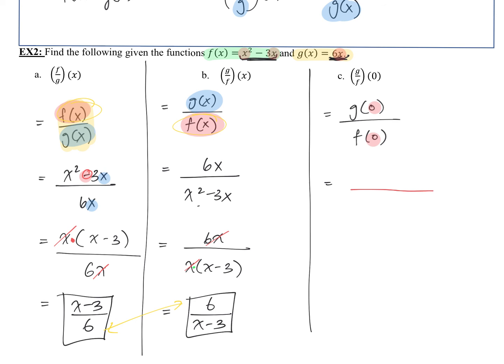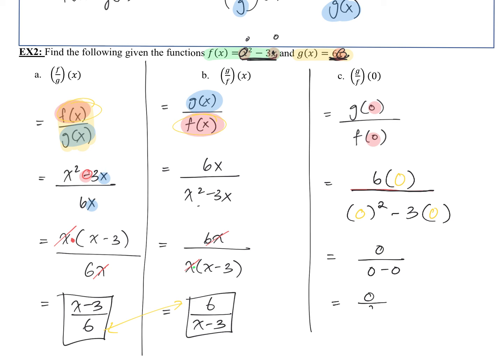For g of 0, we'll replace that x with 0, so that'll be 6 times 0. And then in the bottom for f, we replace that x with 0 and that x with 0. So we'll have 0 squared minus 3 times 0. So that'll be 6 times 0 is 0, divided by 0 squared minus 3 times 0, which is 0 minus 0.